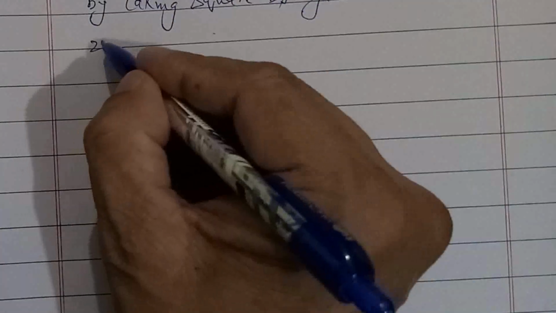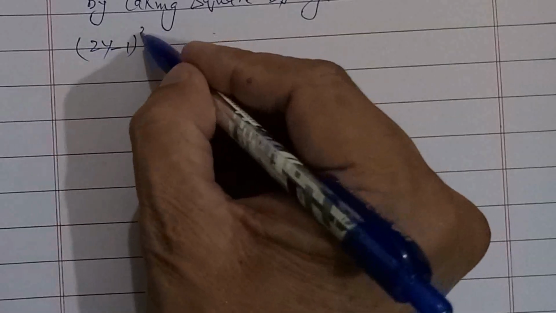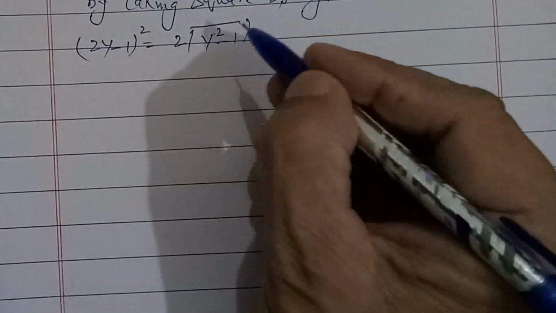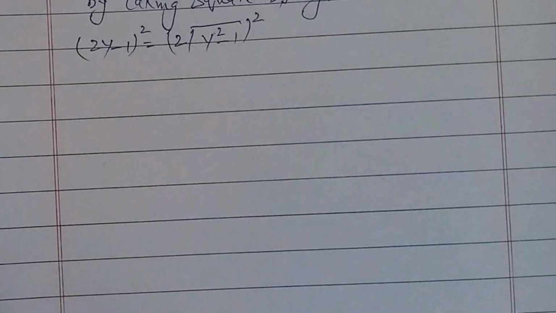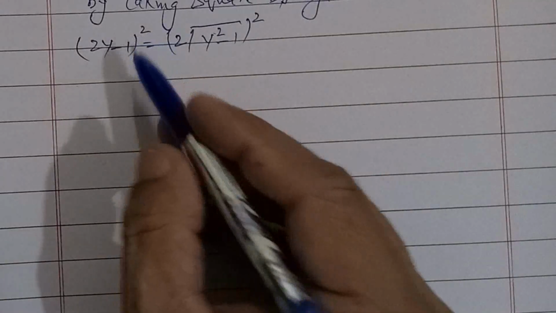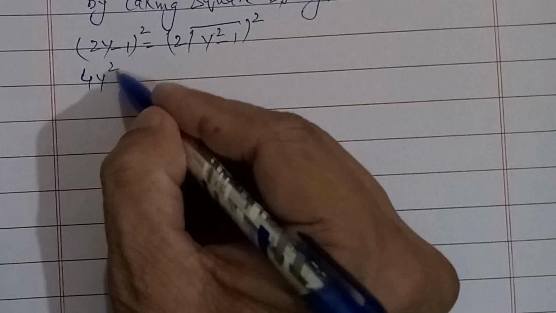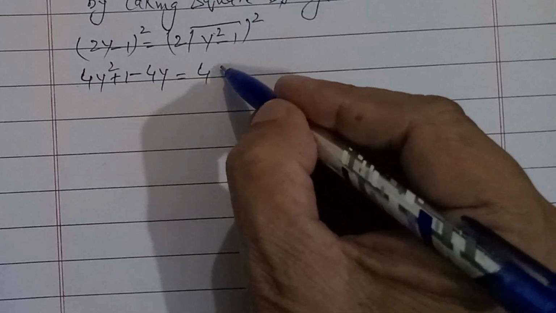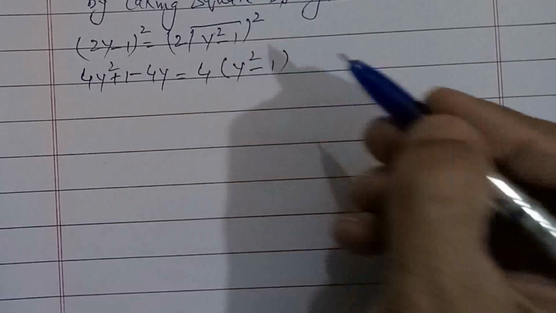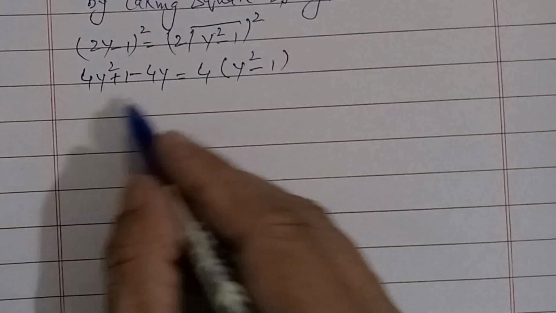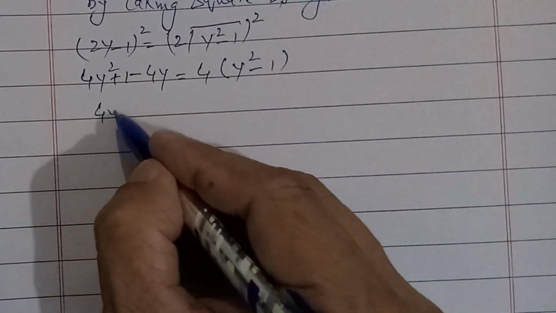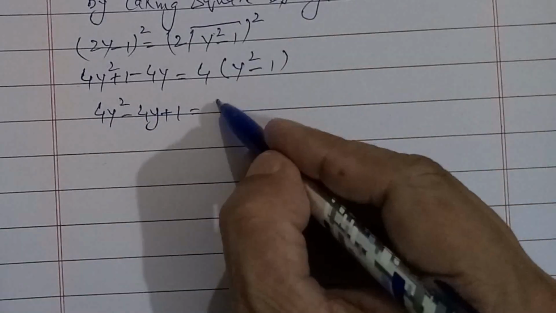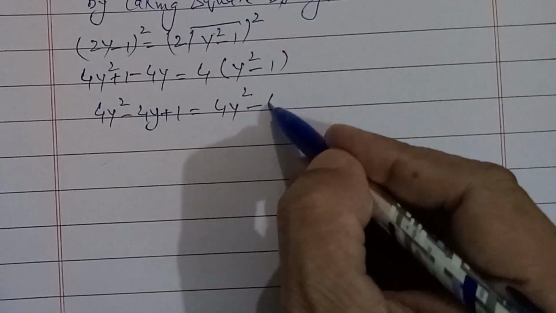We get (2y − 1)² = (2√(y² − 1))², and taking the square of this value we get 4y² + 1 − 4y = 4(y² − 1). Simplify these values. We get 4y² − 4y + 1 = 4y² − 4.